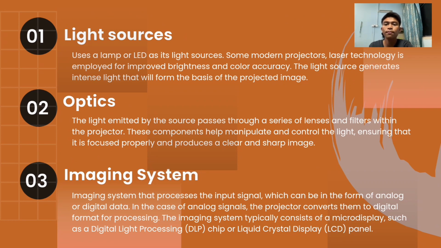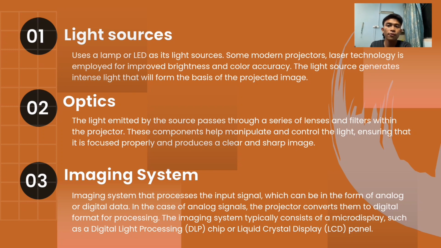For the first one, the projector has a light source. It will typically use a lamp or LED as its light source. In some modern projectors, laser technology is employed to improve the brightness and color accuracy.